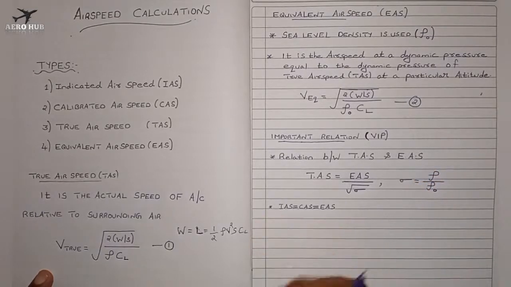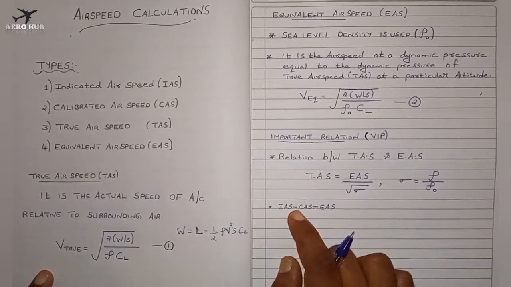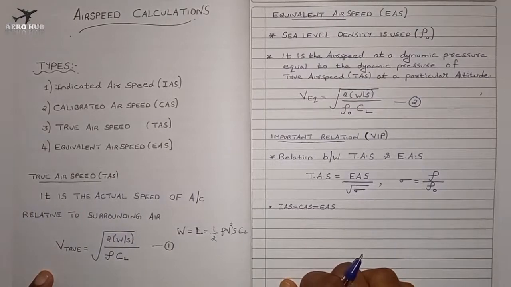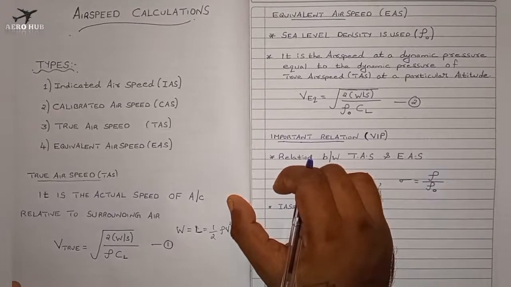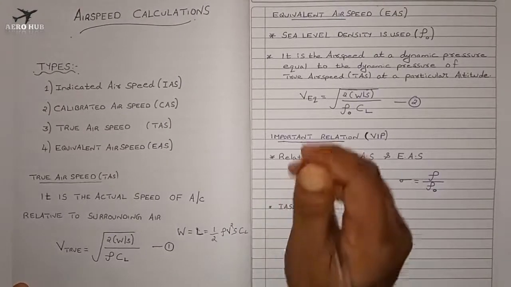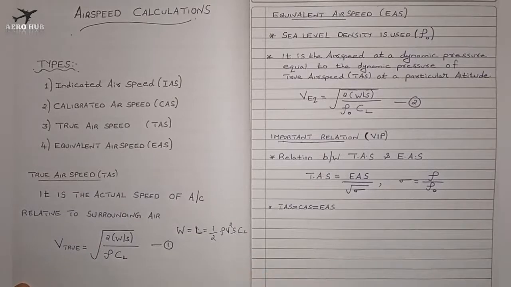Also you have to remember that in most of the cases the indicated airspeed, calibrated airspeed, and equivalent airspeed are almost the same. They will ask certain questions. For example, an aircraft is flying at a certain altitude and they have given the value of density, and they will ask to find the equivalent airspeed.